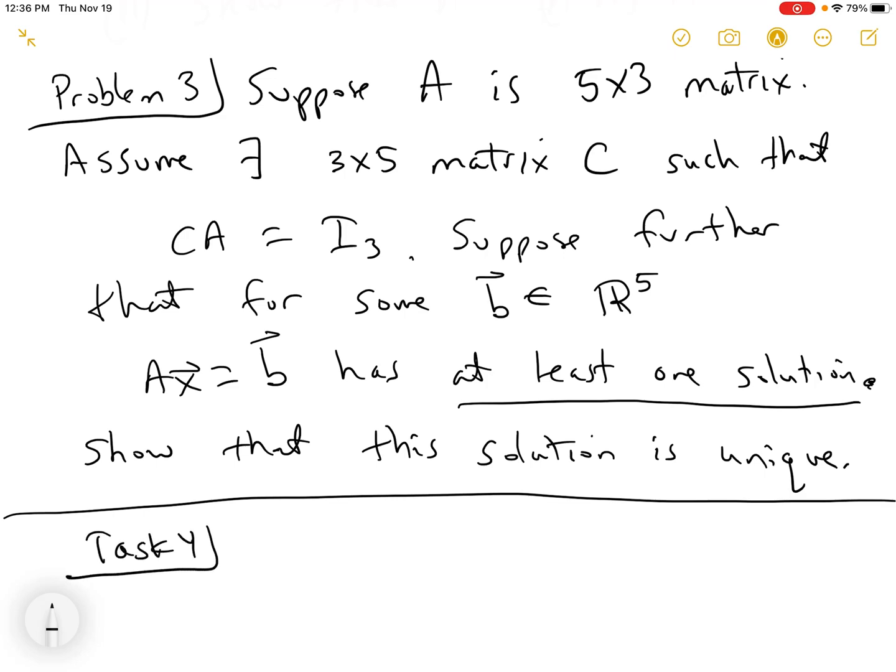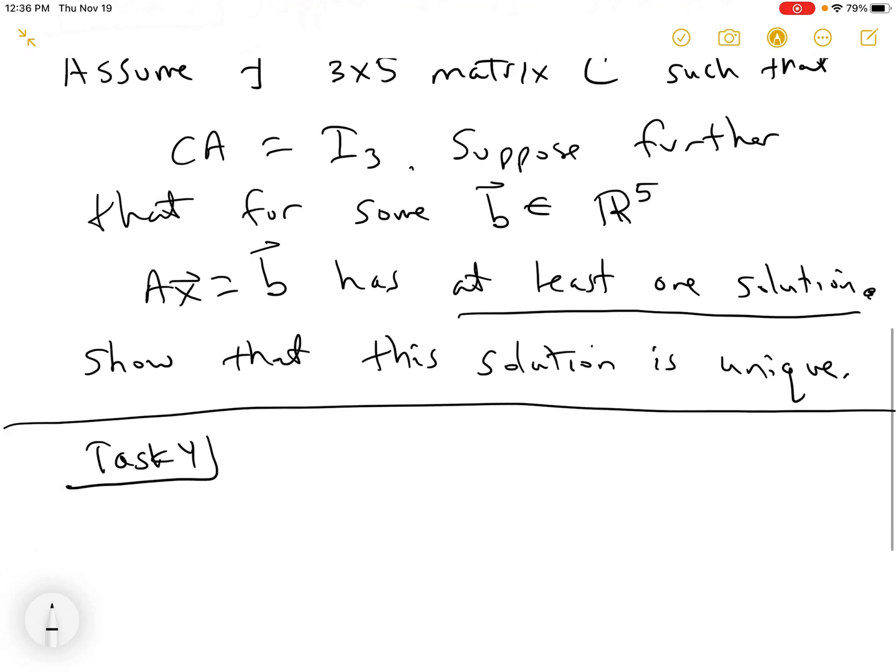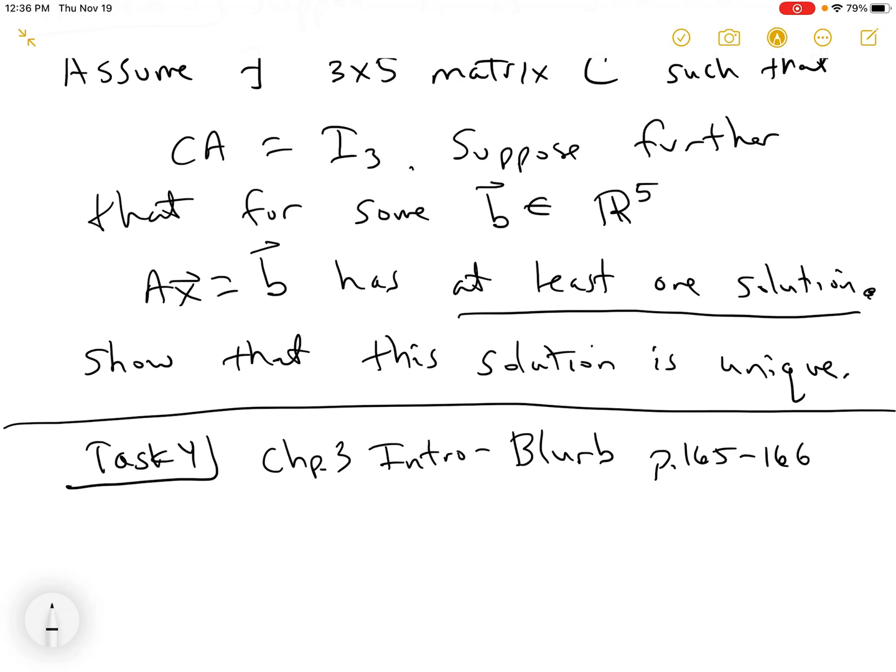Okay. All right. And then task number 4. At the beginning of Chapter 3, there's a blurb, page 165 through the first part of 166, about Richard Feynman. I want you to read that.